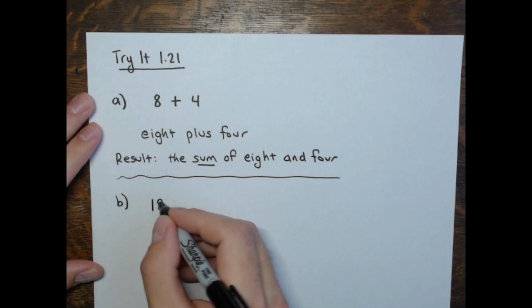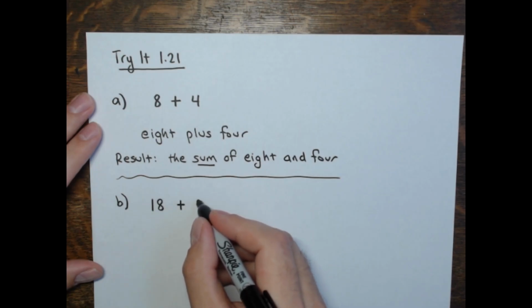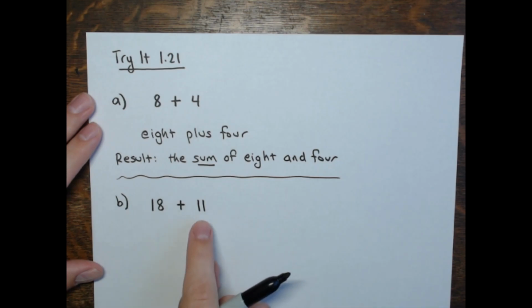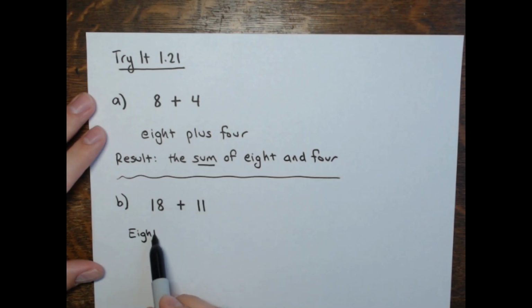Here we have the number 18, then the plus symbol, then the other addend is 11. So again, in words, this would be read from left to right as 18 plus 11, like this.